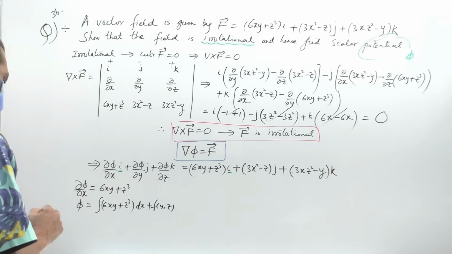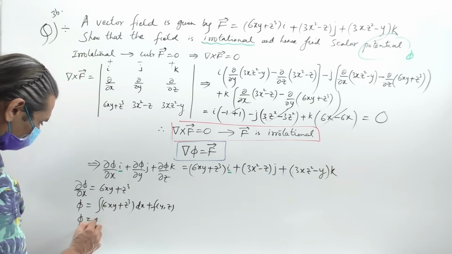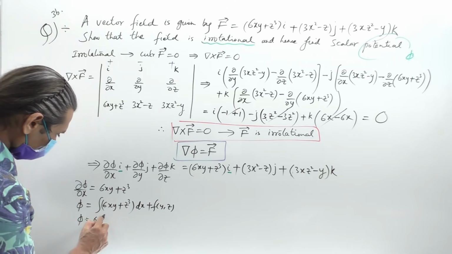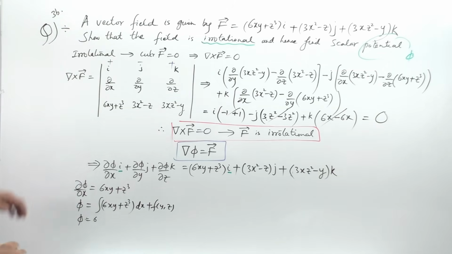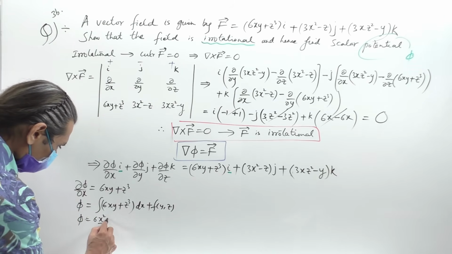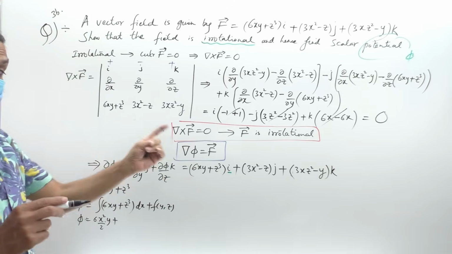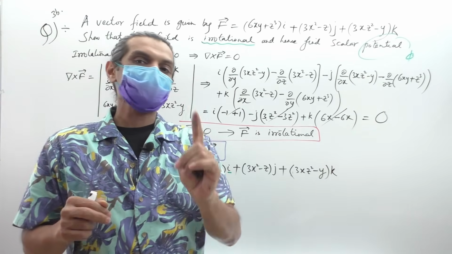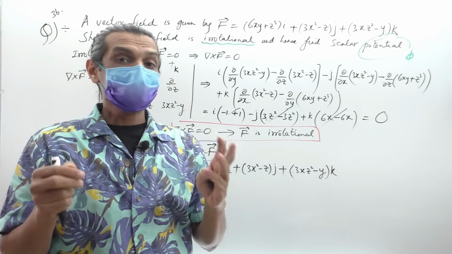Okay. So to do the integration, phi is equal to 6 into, here we are integrating only the x terms. So 6 into integration of x is x² by 2, into y as it is, plus z³ as it is. Here again I repeat, integration of 1 dx is x, because differentiation of x is 1.